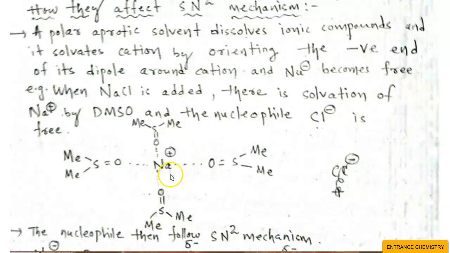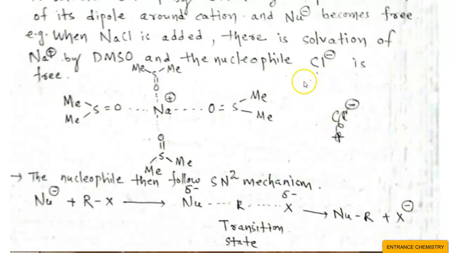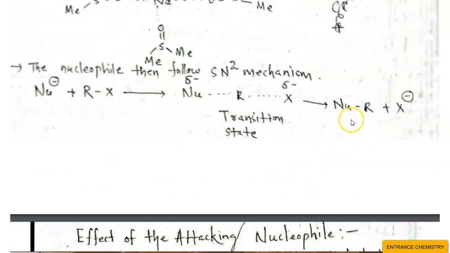That will orient towards the Na plus, so that Cl minus will be free. And this is the Cl minus, which is the nucleophile. So it will attack the substrate, giving rise to the transition state. Then it will form the product like this.